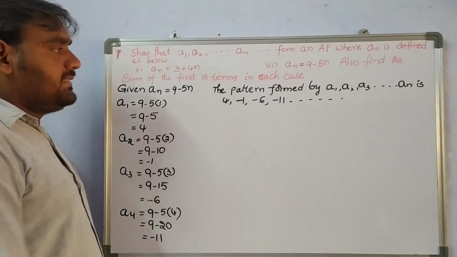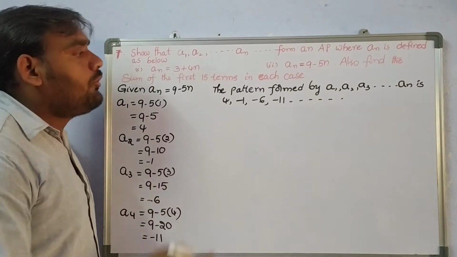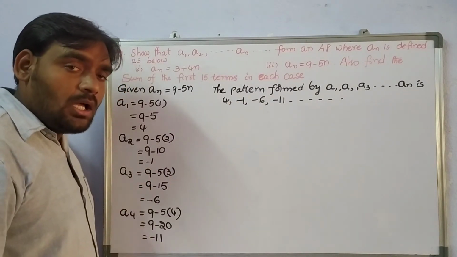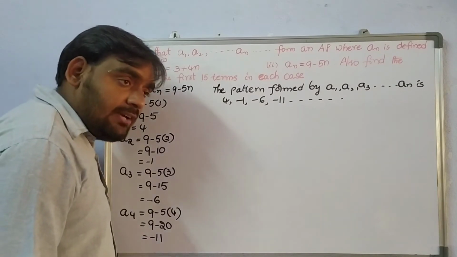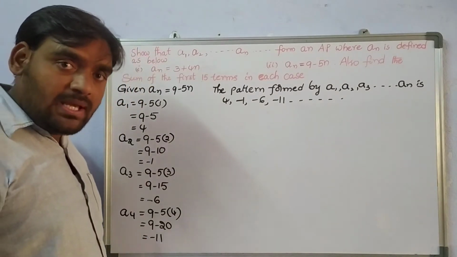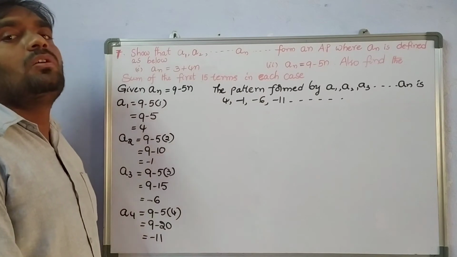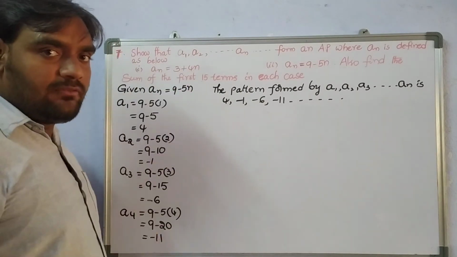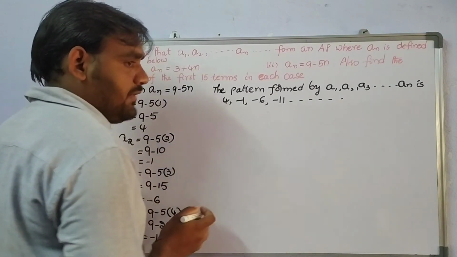Now this is the pattern we got. So we need to check whether this pattern is in arithmetic progression or not. How can we check? If the difference A2 minus A1 is the same as A3 minus A2 and also A4 minus A3, then only we can say that is a common difference. So here we will find the common difference.